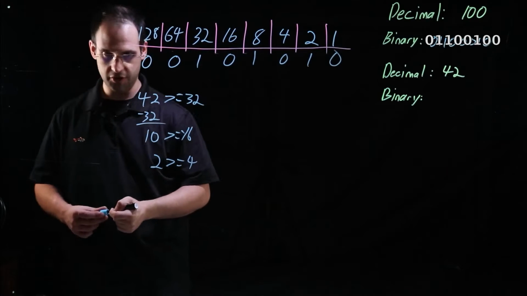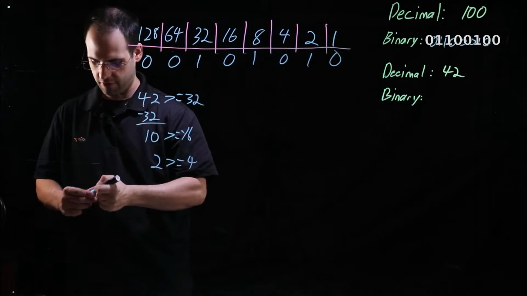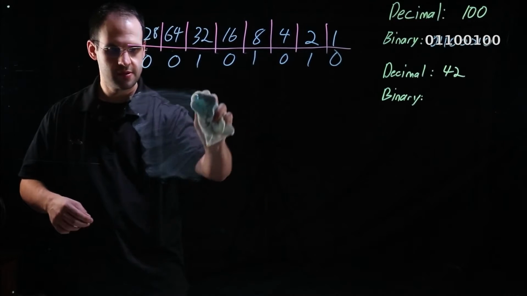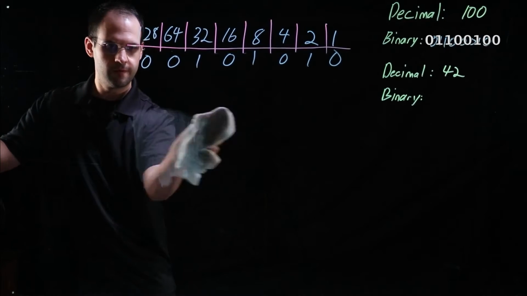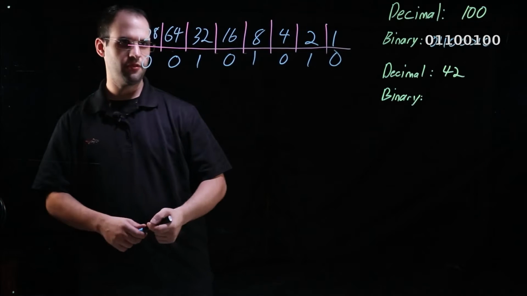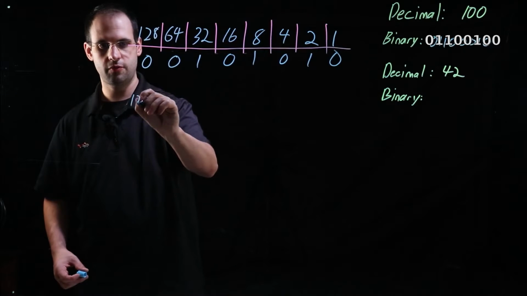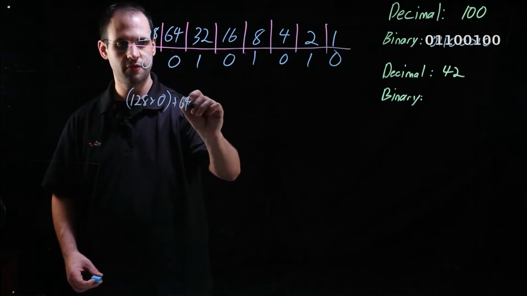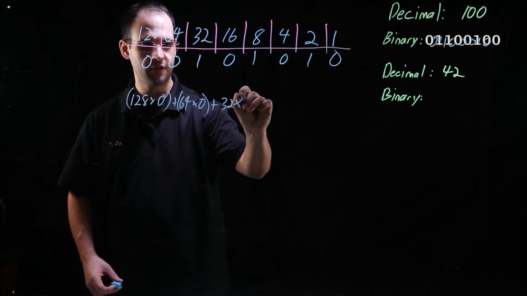Again, if you're ever unsure, you can just work your way backwards. Let me get rid of this stuff in the middle here and erase this out. Then we can always work our way backwards and say, 128 times 0, plus 64 times 0, plus 32 times 1.